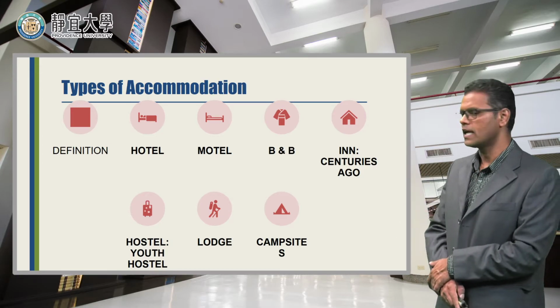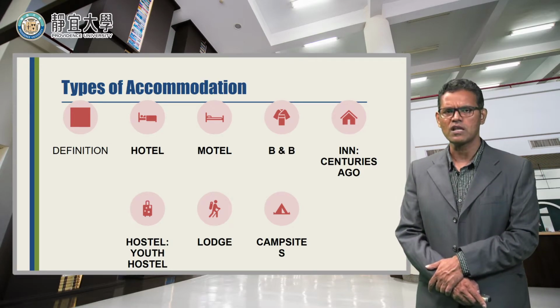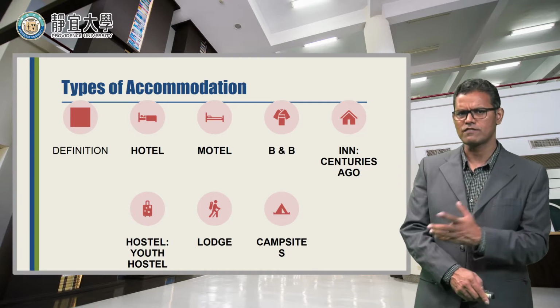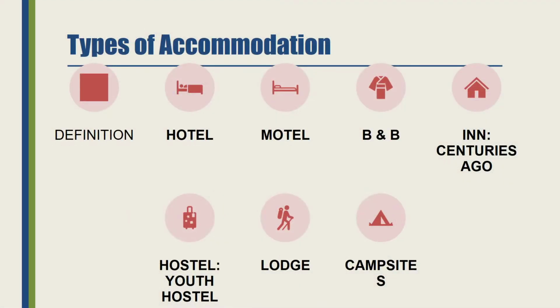And then we have the lodge. The lodge is, I think, kind of like a B&B. And right now there are new types of accommodation too. Like you can go to somebody's house, and they have a small room in their house, and they rent that room, maybe a couple of rooms, like 4 or 5 rooms, and people stay there.